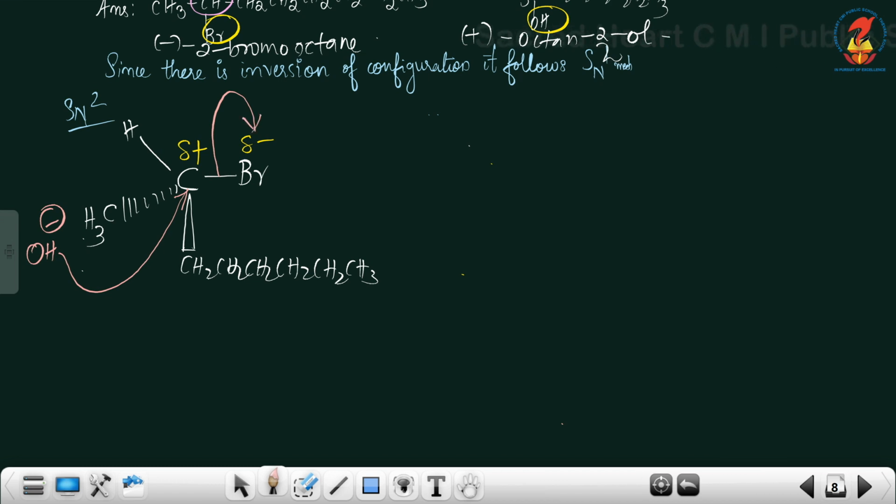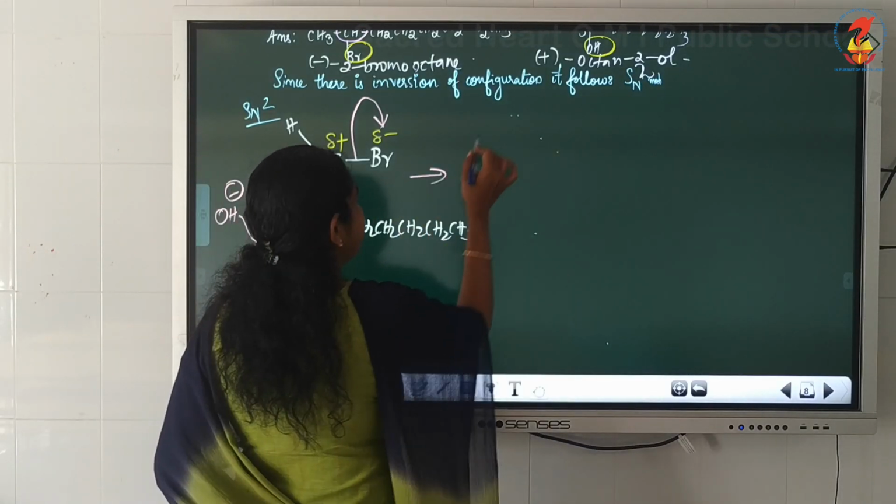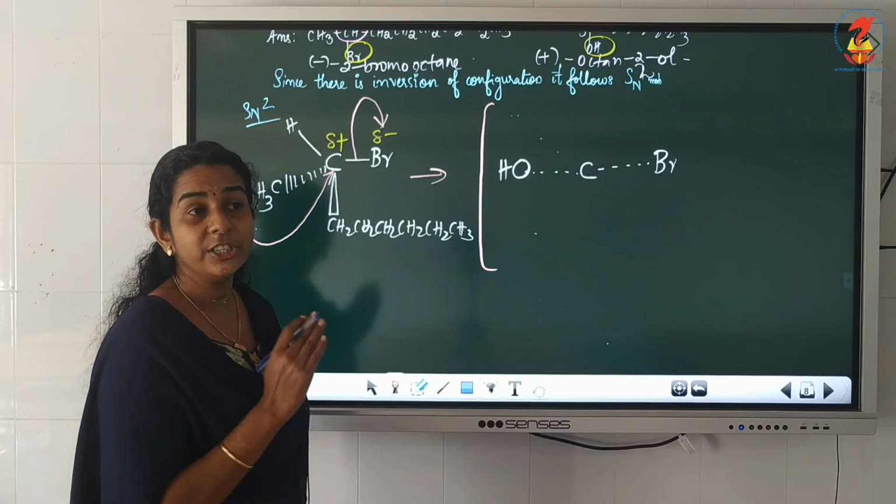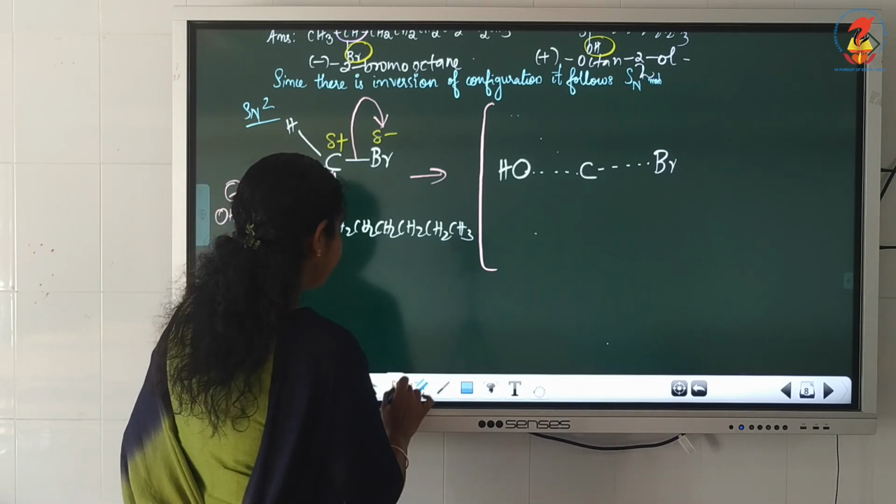The arrows are compulsory, very important. So first we are getting a transition state in which the breaking of the C-Br bond has started. At the same time the formation of the C-OH bond has also started. Breaking and formation are taking place simultaneously.